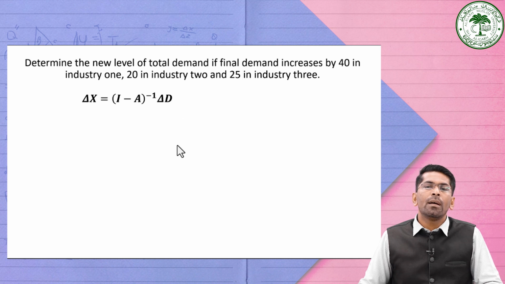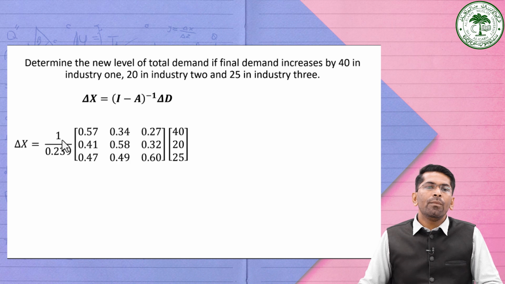So it becomes 1 by the determinant value into the adjoint matrix into the changed final demand vector, which is 40 in industry 1, 20 in industry 2, and 25 in industry 3.